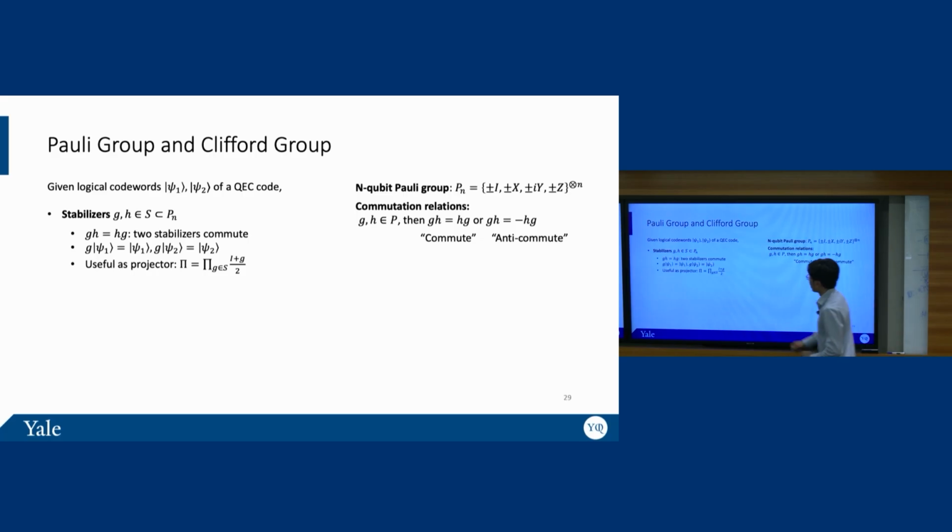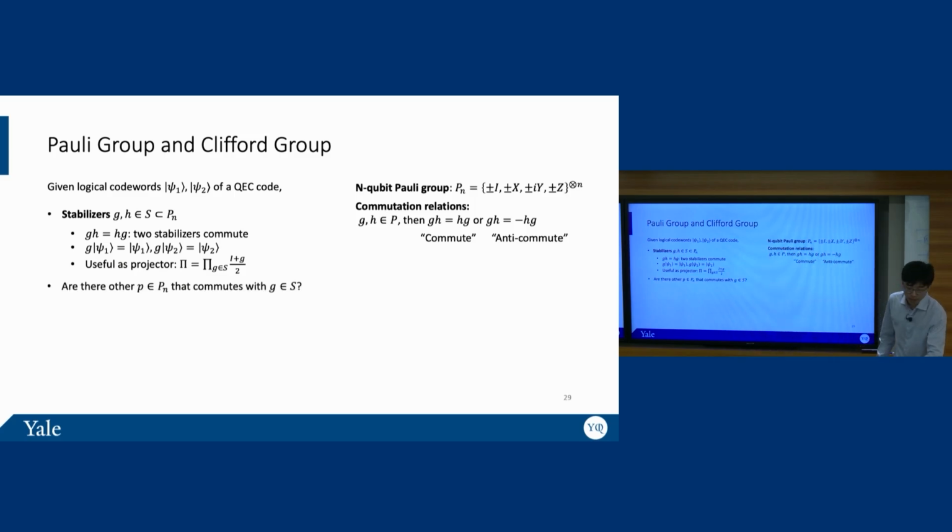And they have properties like they commute with each other. Code words are +1 eigenstates of all the stabilizers. And the syndrome measurement circuit, the projective measurement circuits for error detection, can be modeled as projectors of the stabilizers.